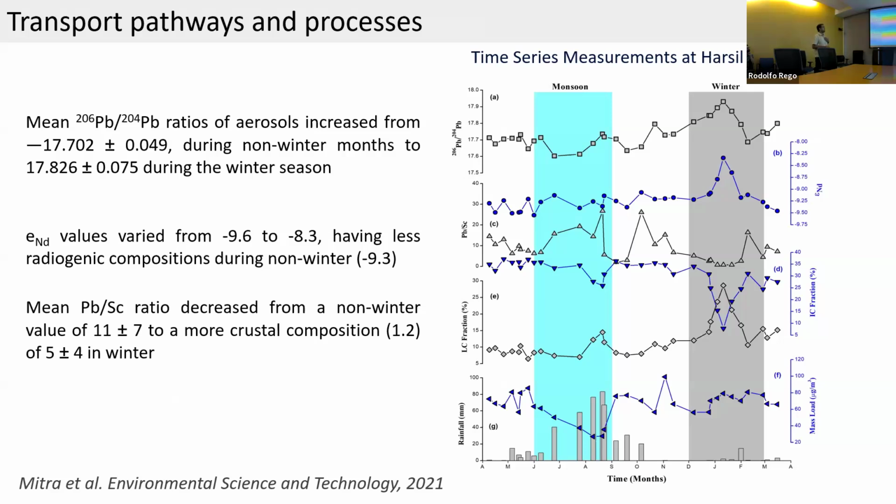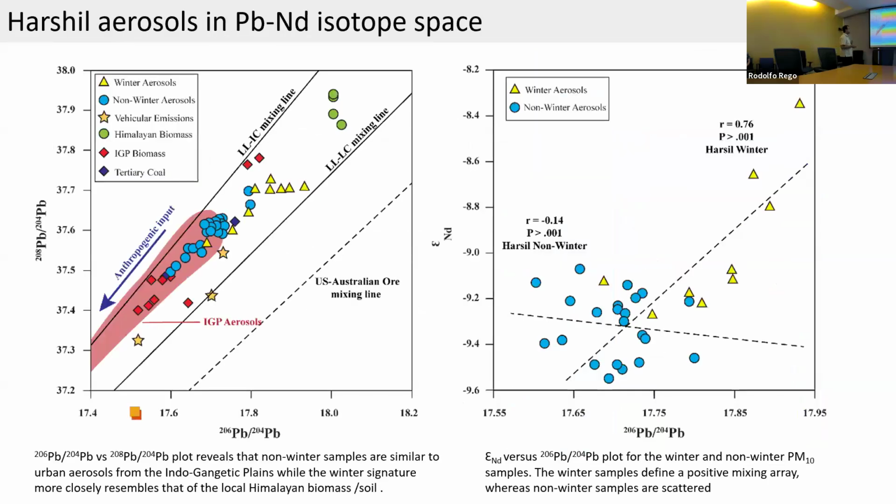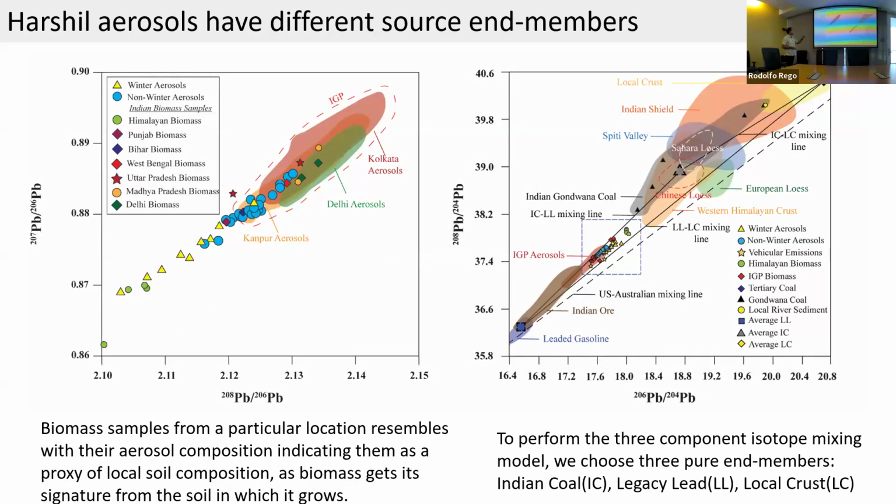So what I was expecting was that this trend would be constant throughout, but the monsoon signal would be different. But that was not the case. It was constant throughout, but the winter was off. That was really fascinating, and we were unable to find the reason. There are multiple possible reasons, and I'm not getting into all these details.